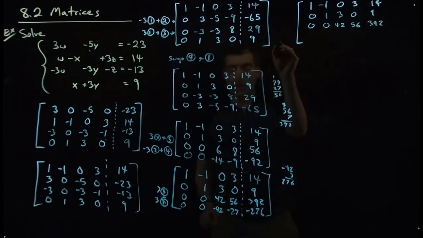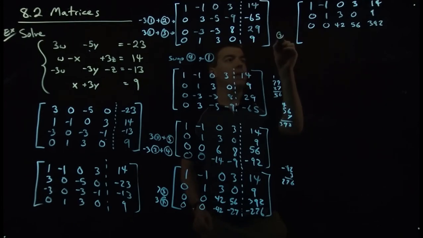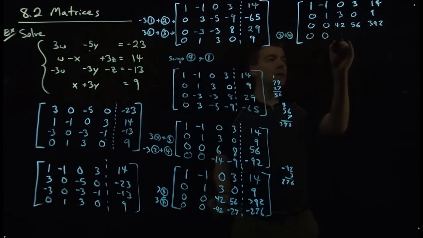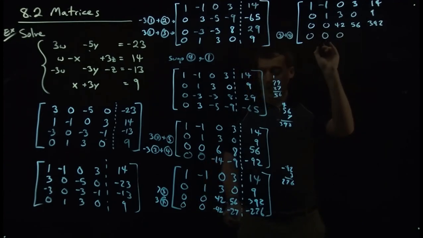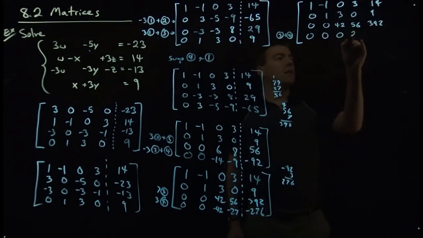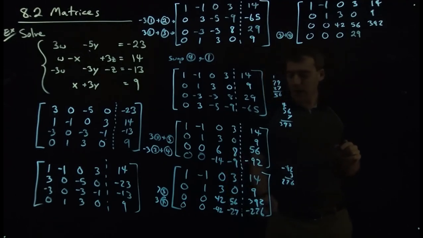And now we take row 3, add to row 4. 0, 0, 0, and then 56 minus 27 is 29, and 392 minus 276 is 116.